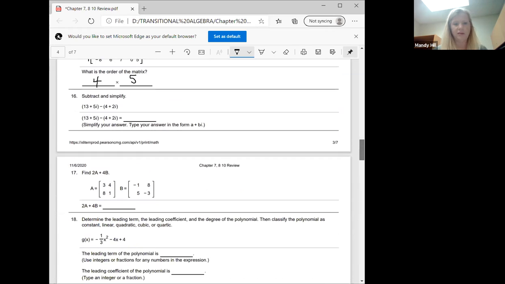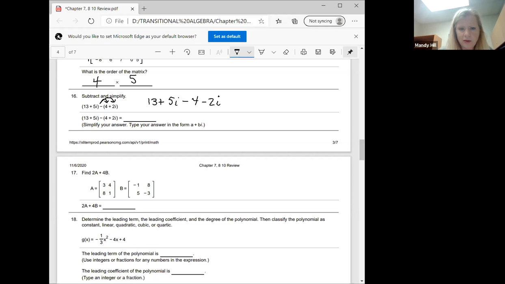Okay. Number 16 says to subtract these. So we're really doing the opposite of whatever is behind here. So since there's not anything in front of the first parentheses, we can just write 13 plus 5i minus 4. And then we want to distribute the negative to the other answer, so negative 2i.